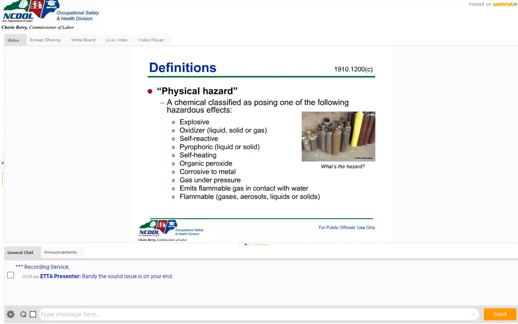Oxidizers are highly reactive chemicals. Most of them release oxygen, but chlorine gas is also an oxidizer, and is, again, highly reactive. Self-reactive, pyrophoric, can easily catch on fire. Self-heating. Peroxides.